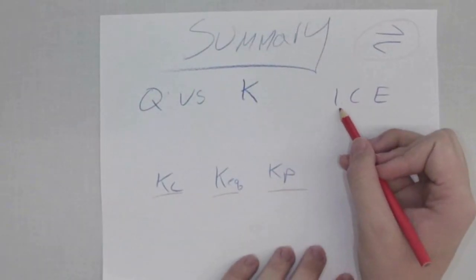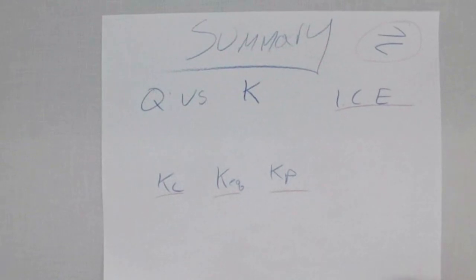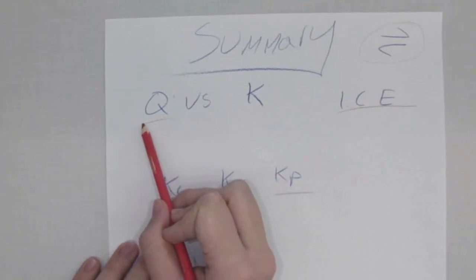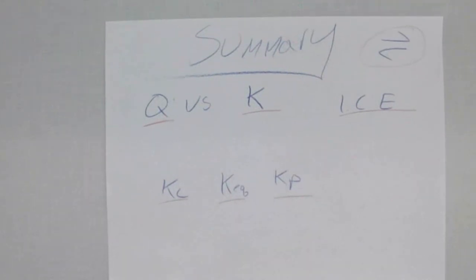We also used ICE tables, which are initial, change, and equilibrium tables. These help us find our equilibrium concentrations for all of our reactants and products in a system. And finally, we learned what Q is, and we learned how to use that along with K to find different properties according to Le Chatelier's.